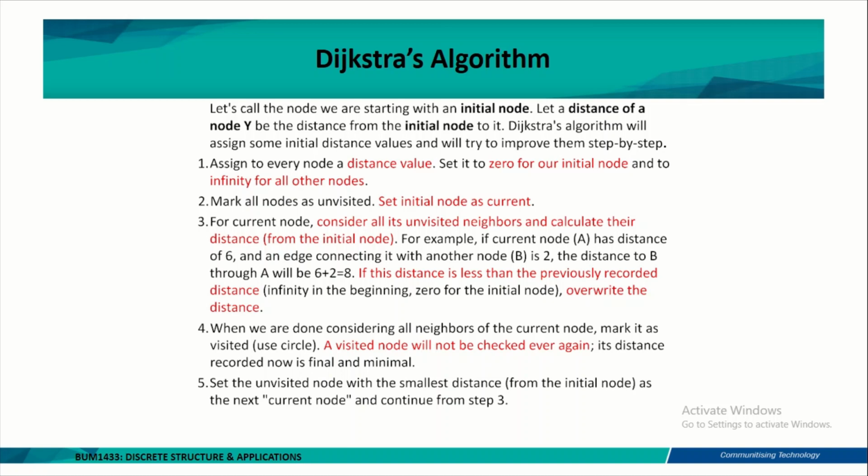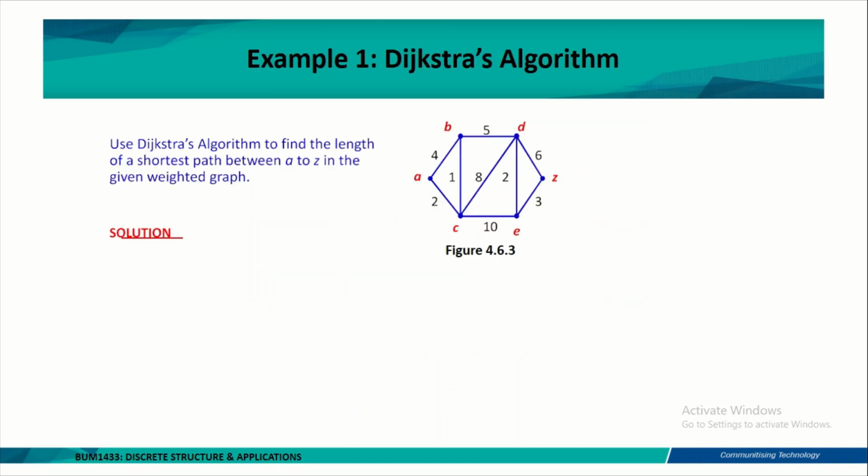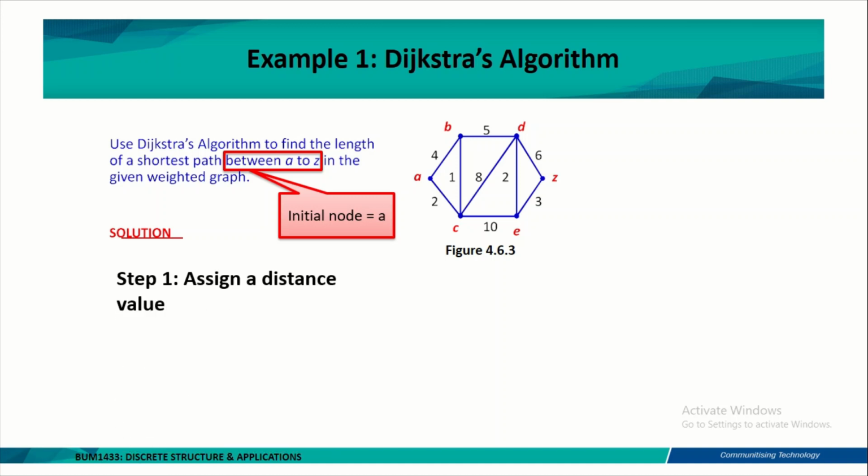Alright, let's see the example. We have figure 4.6.3. The question is to use Dijkstra algorithm to find the length of a shortest path between A to Z in the given weighted graph. So that means our initial node here is A. So step 1 is we need to assign a distance value.